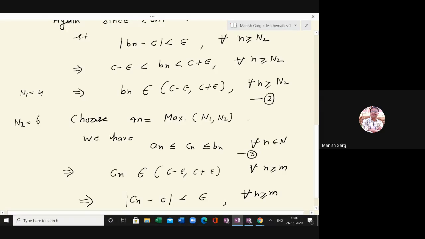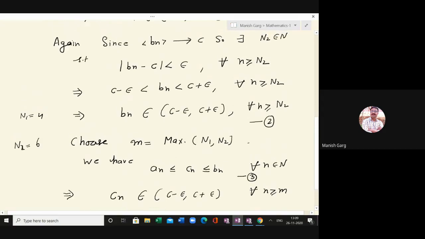This means equation 1 is true for n greater than or equal to 4, equation 2 is true for n greater than or equal to 6, and equation 3 is true for all n. So can I say all three equations are true for n greater than or equal to 6? Yes, sir. So that's why I did the same thing.